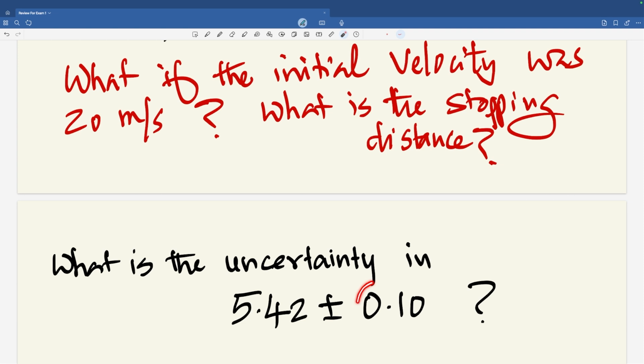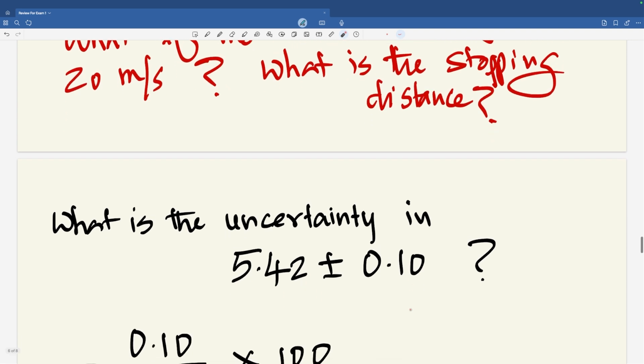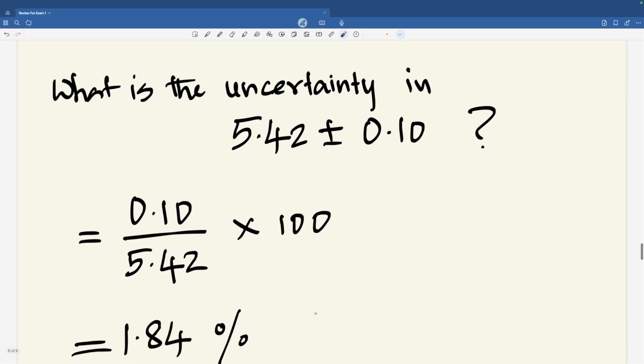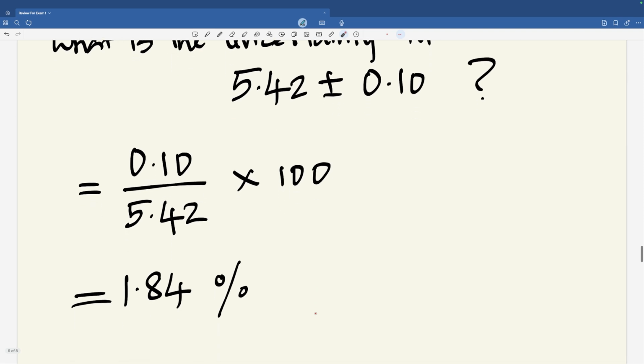So all you got to do is take the uncertain part, divide by what you're certain about, don't worry about the plus minus, and multiply it with 100, that's all. So that's the uncertainty. That number divided by that times 100, when you do it, you get 1.84 and it's in percent. 1.84%. Simple?